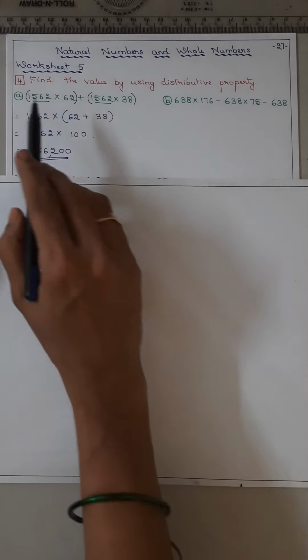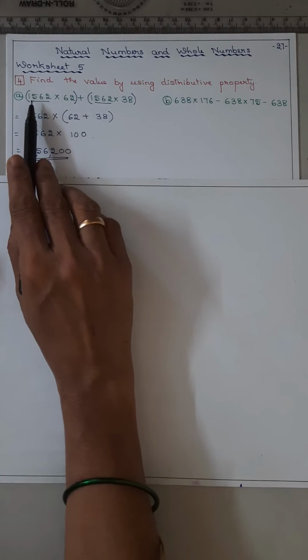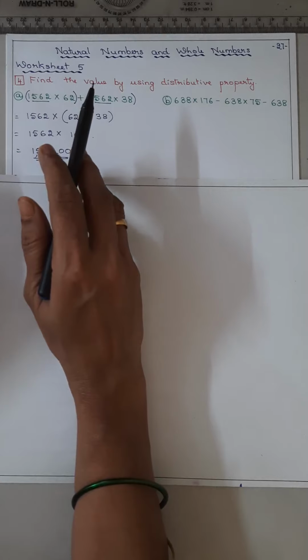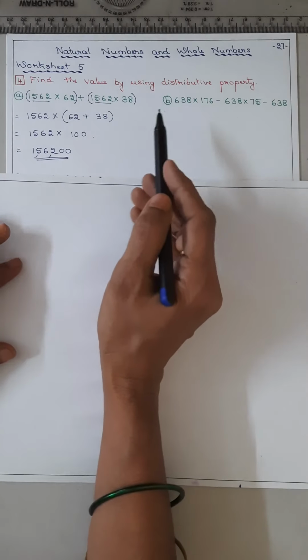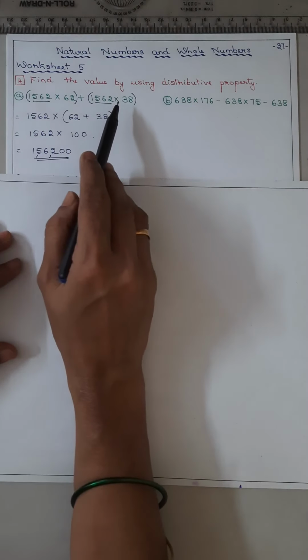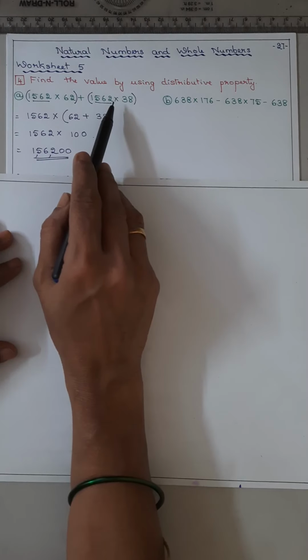So पहले आप लोग ब्रैकेट डालो. 1562 into 62 in one group and 1562 into 38 in another group. Next step, underline the common ones. So 1562 is common in both.